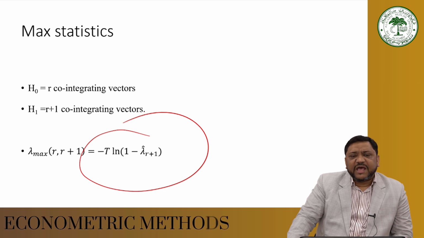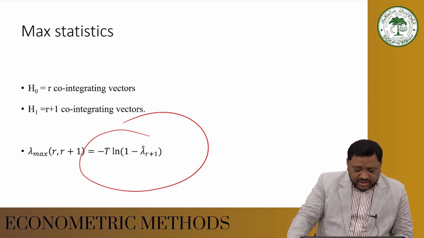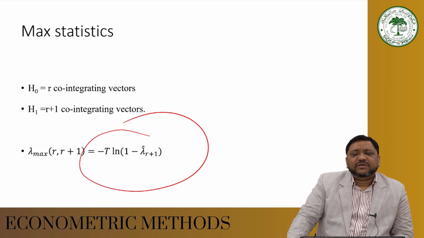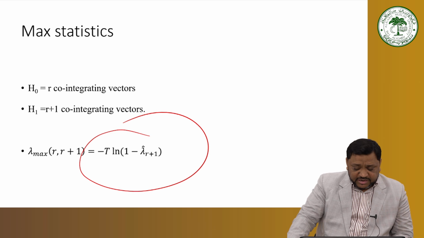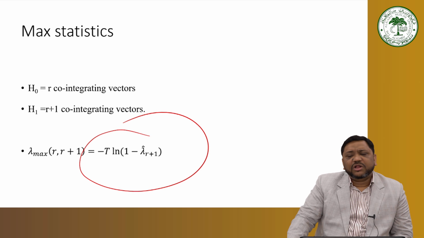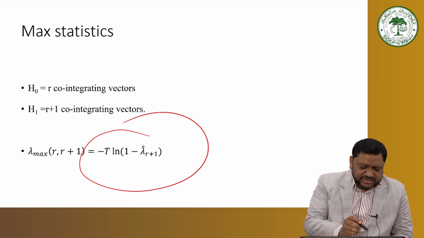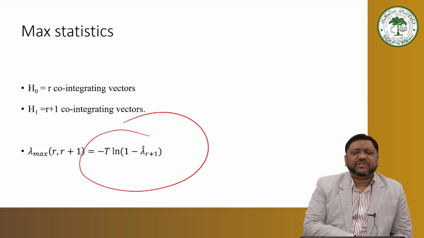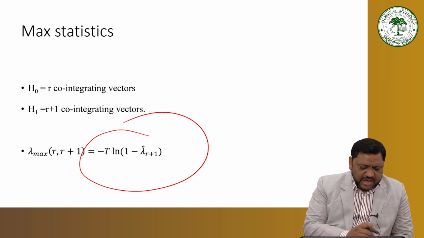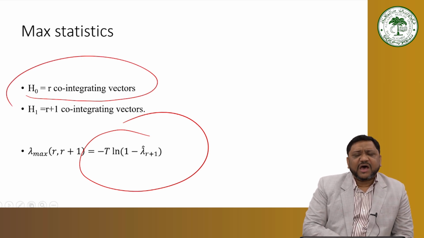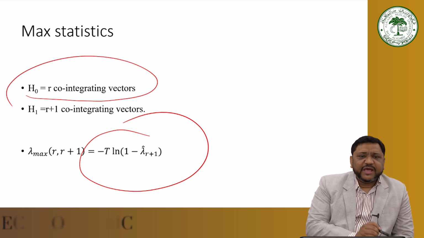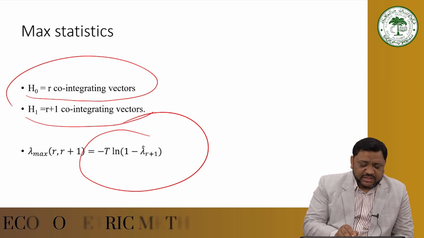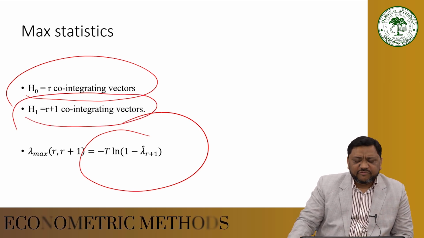On the other hand, if the rank is equal to 1, then the value of lambda will be greater than 0 and less than 1, so that the first expression, 1 minus lambda hat i, is less than 0, while all the rest will be equal to 0. So based on this max statistic, we are able to decide whether there is a cointegrating relationship or not, and here the null hypothesis is there are r cointegrating vectors, and the alternative hypothesis is there are r plus 1 cointegrating vectors.